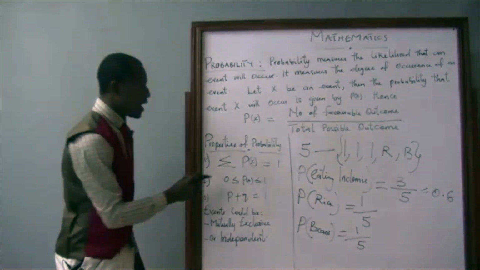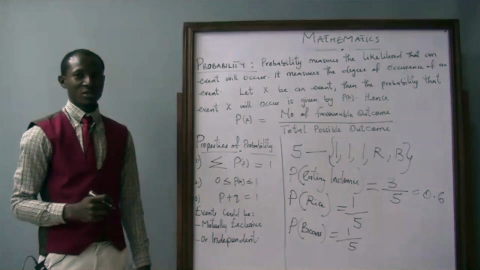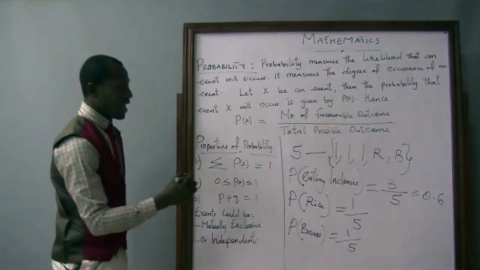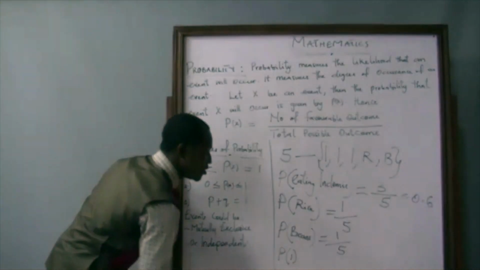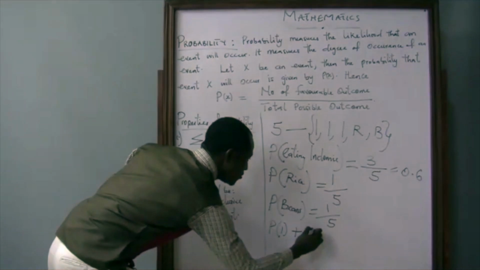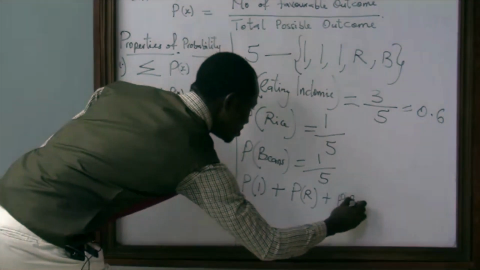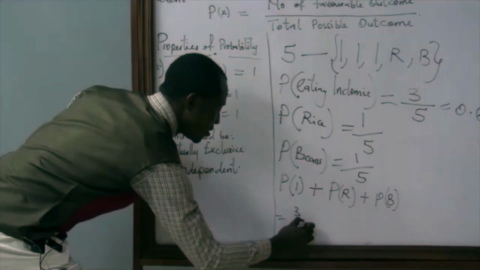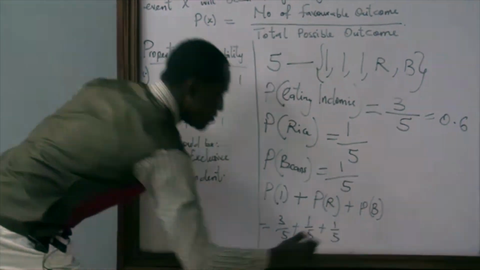So if I decide to add all my probabilities together, that's what the first property is saying, that the summation of P of x is 1. So if I add probability of eating Indomie, I'm using I for Indomie now, plus probability of eating rice, plus probability of eating beans, it gives me 3/5 plus 1/5 plus 1 divided by 5.